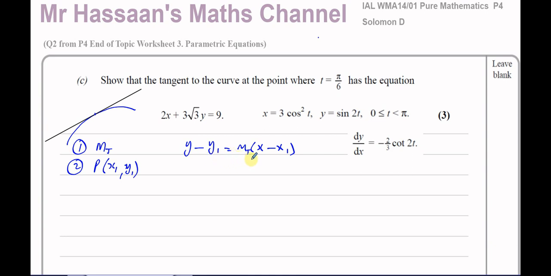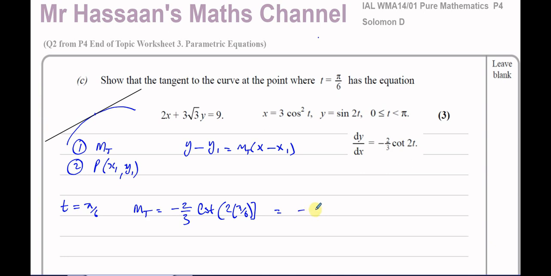Both of those things can be easily found in this question by using what they gave us. We can find the gradient of the tangent at the point where t equals pi over 6. So when t equals pi over 6, the gradient of the tangent is going to be equal to, replacing this into the formula, minus 2 over 3 times cotangent of 2 times pi over 6.